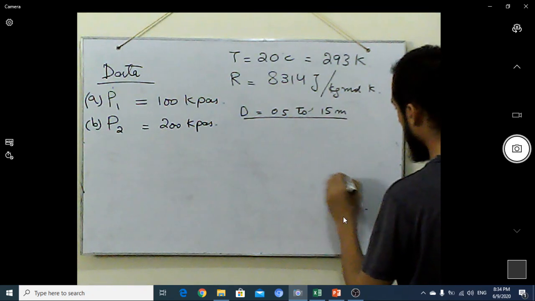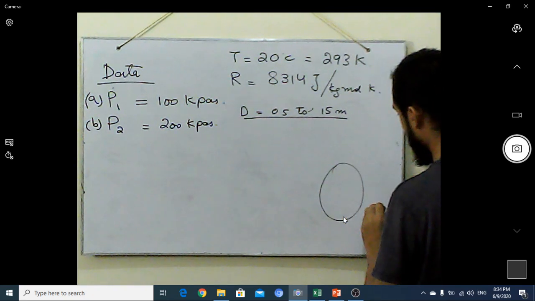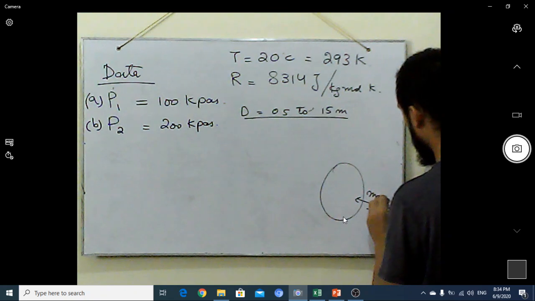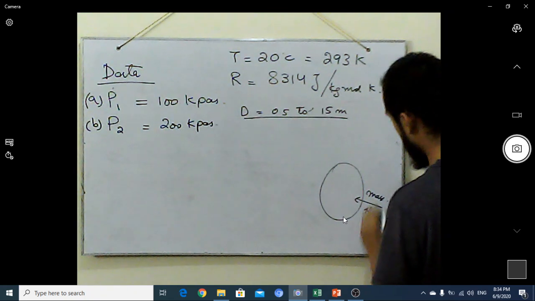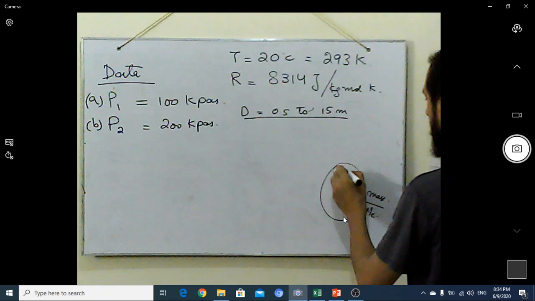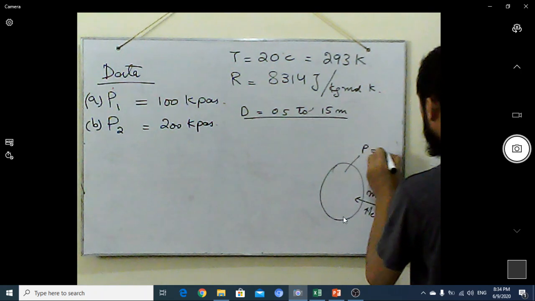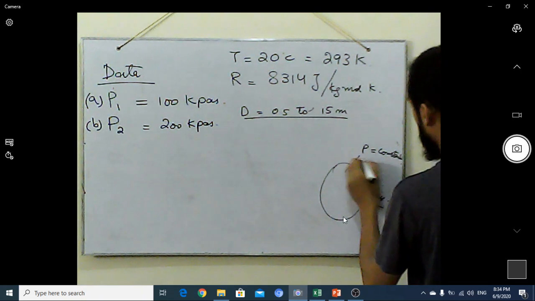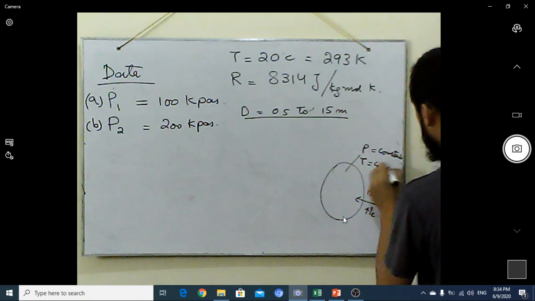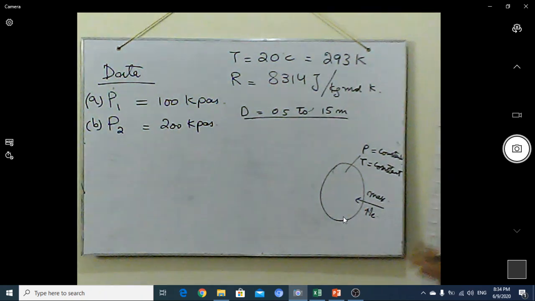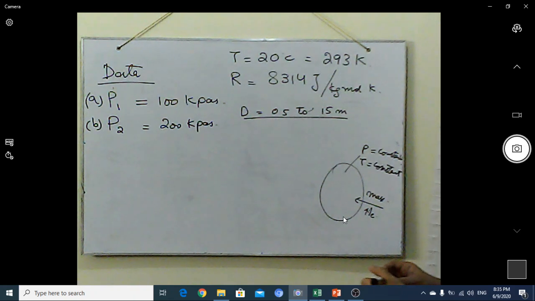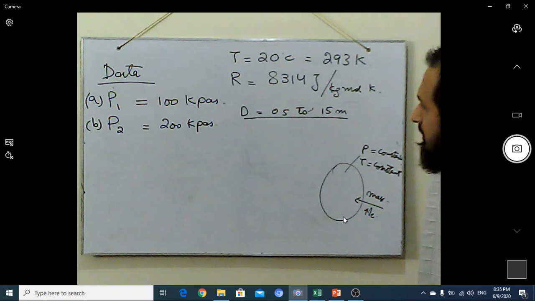Firstly, there is a balloon and you're inserting the mass of helium, He, and you are maintaining the pressure constant and the temperature constant. So whatever mass you are feeding into this balloon, all the mass is compensated by the volume, and ultimately you can say that the diameter of the balloon is directly affected by the increment of the mass.